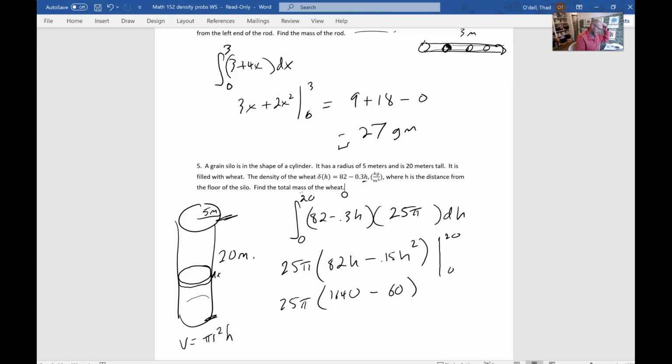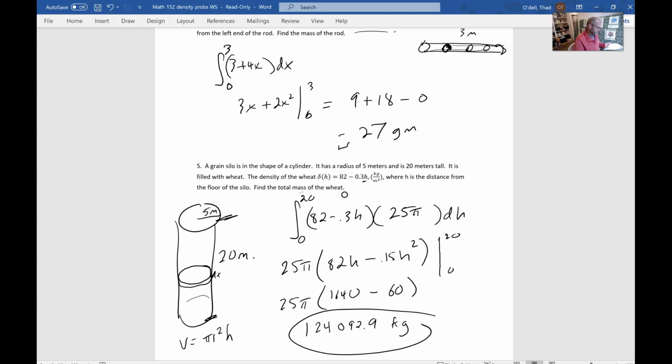So we got 25 pi times 1640 minus 60. So 1640 minus 60, of course, is 1580 times 25 pi. And let's see, we get 124,092.9, and that would be kilograms. That would be the total weight of the grain in the silo.